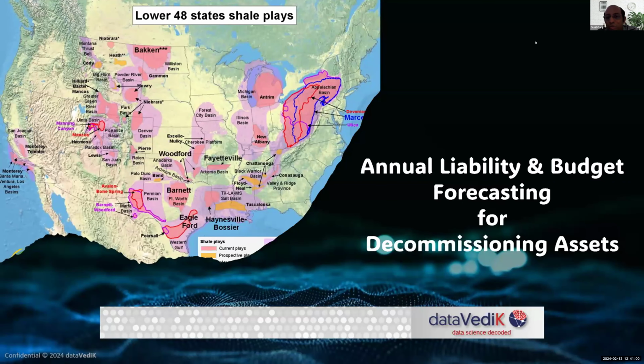So I wanted to talk a little bit about a solution and a methodology that DataVedik and Ryder Scott developed for the annual liability and budget forecasting for decommissioning assets.